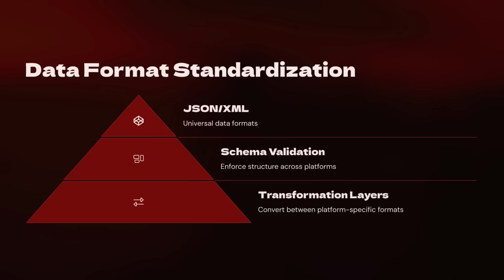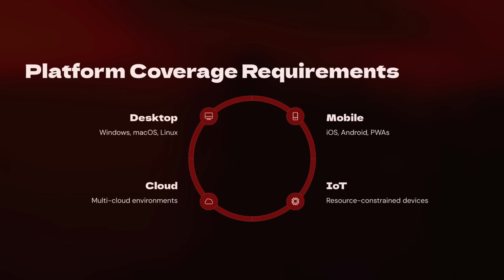Efficient development. Cross-platform APIs reduce the need for platform-specific code, allowing developers to create security solutions that work across multiple environments with minimal modifications. Key principles must be followed to achieve cross-platform API compatibility in SASE implementations.